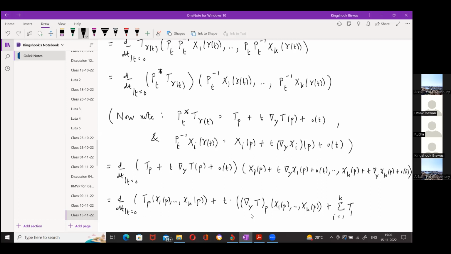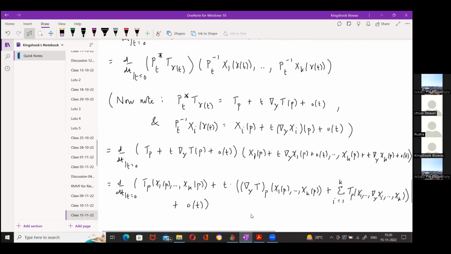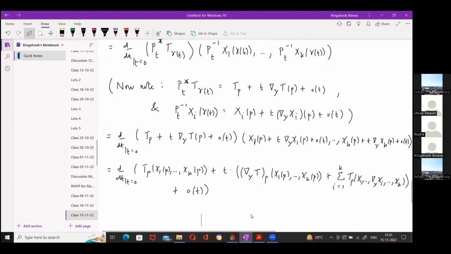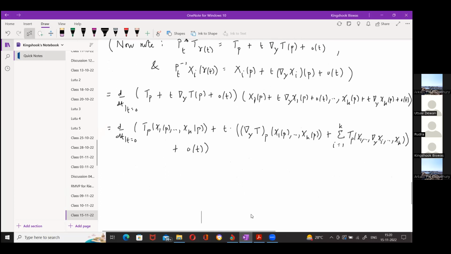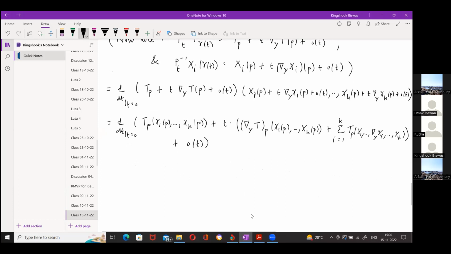So I'll get T_p of x1, dot dot dot, nabla_Y xi, and xk. And then the rest is little o of t. So when I take d/dt at t equal to 0, the constant goes away and this little o of t goes away. I just get the t term, and that's exactly what I want.